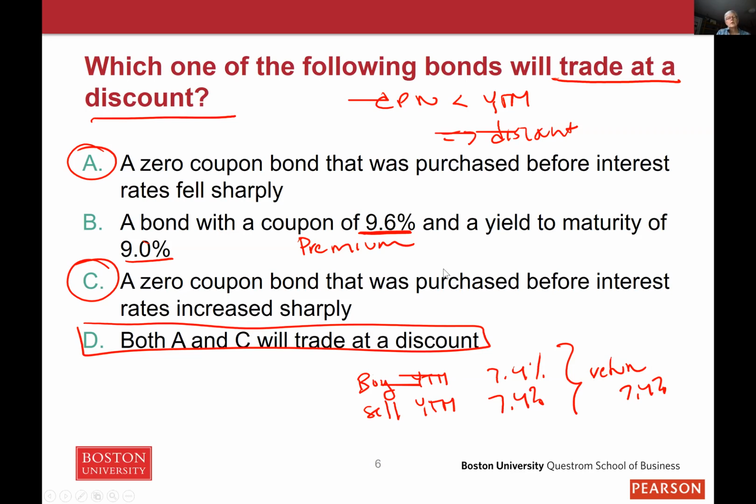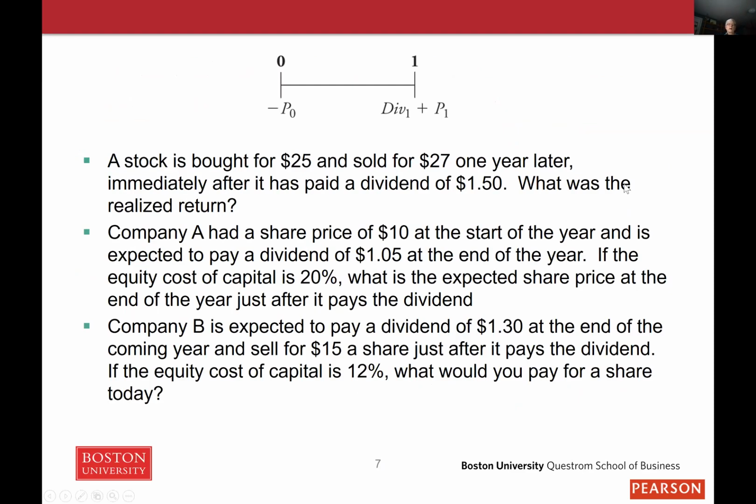So what we're going to do here is switch to stock. For this slide, a number of questions I've gotten have had to do with some of the variations on these problems. There are a lot of different ways to create a question that uses this one-year model that we started with. In this one-year model, there is a price at the beginning.